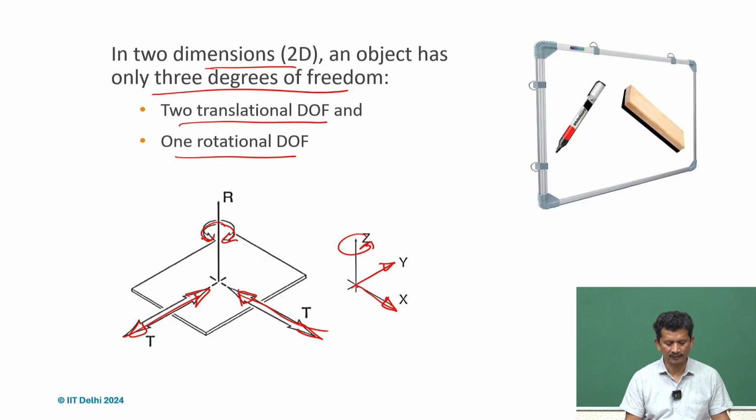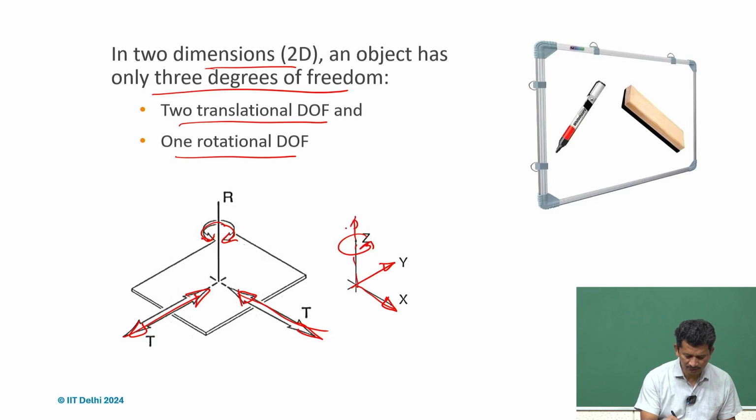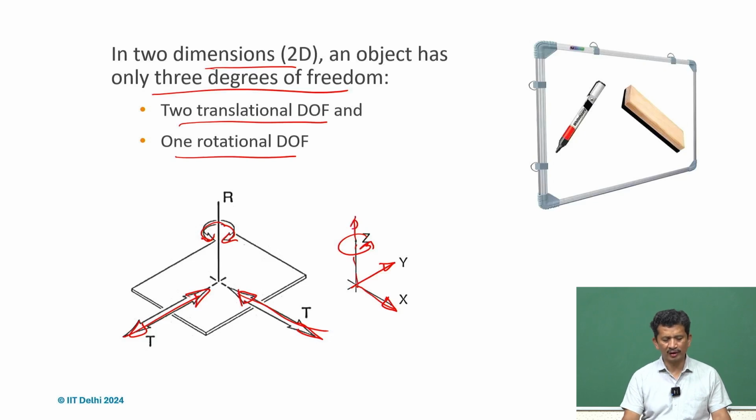So, it can rotate. Again, this should be clear to us, and when we say planar, what does it mean? It means the object is constrained or restricted to move in a planar surface only.